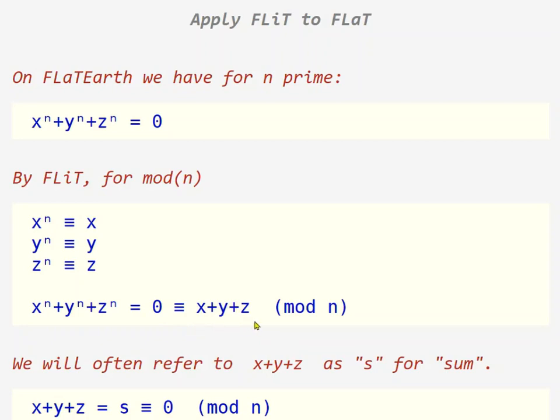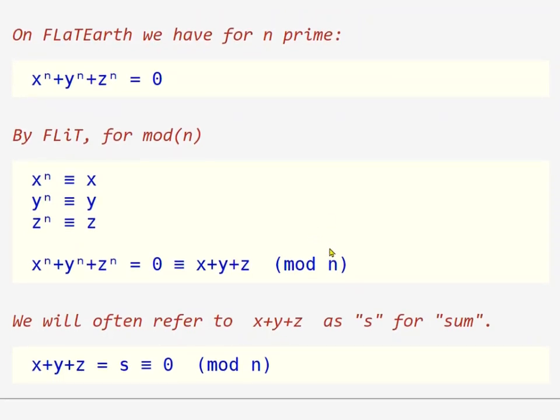X plus y plus z is 0 mod n. Often we're going to use S, as in sum, for x plus y plus z. So we have S equals x plus y plus z, which is 0 mod n on flat Earth.